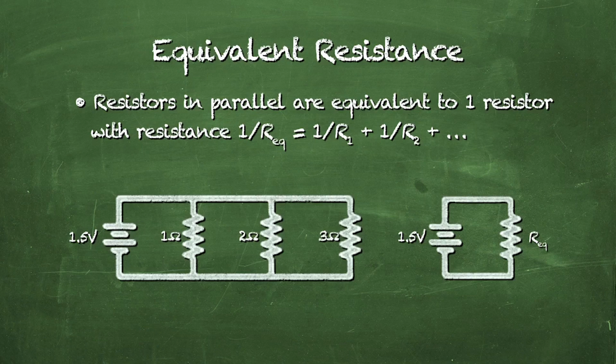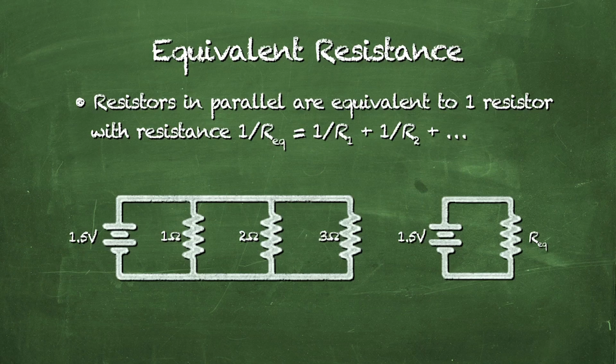What does it mean for resistors to be in parallel? When resistors are in parallel, that means that the current has different paths that it can flow through, and each path has only one resistor on that path.